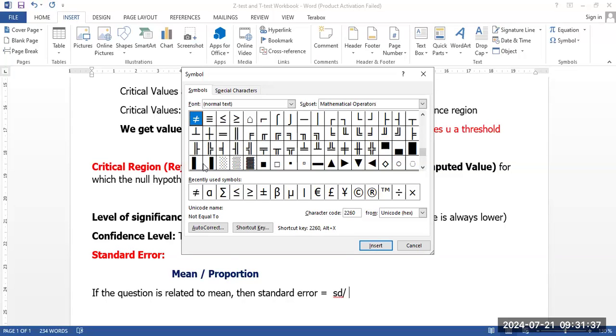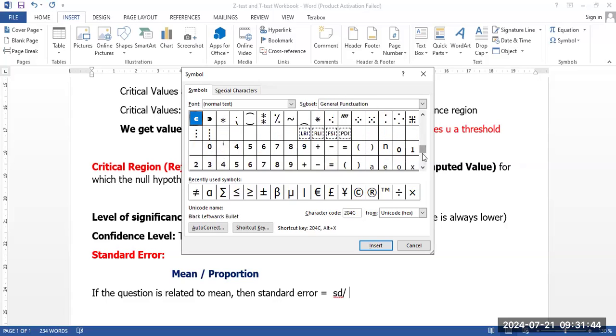Where is root? Who is seeing the root sign?